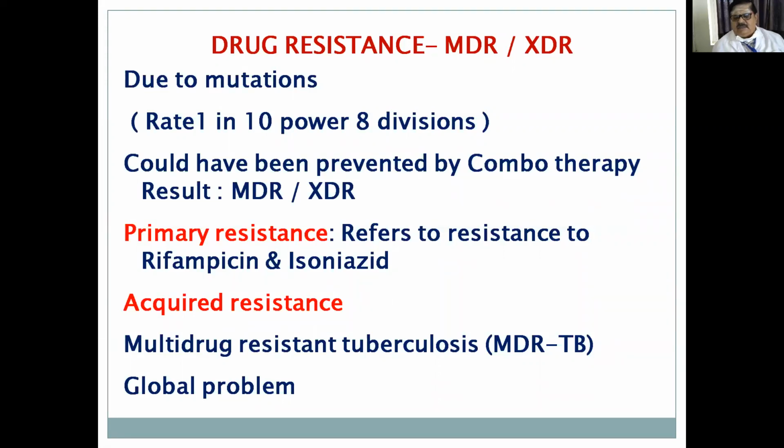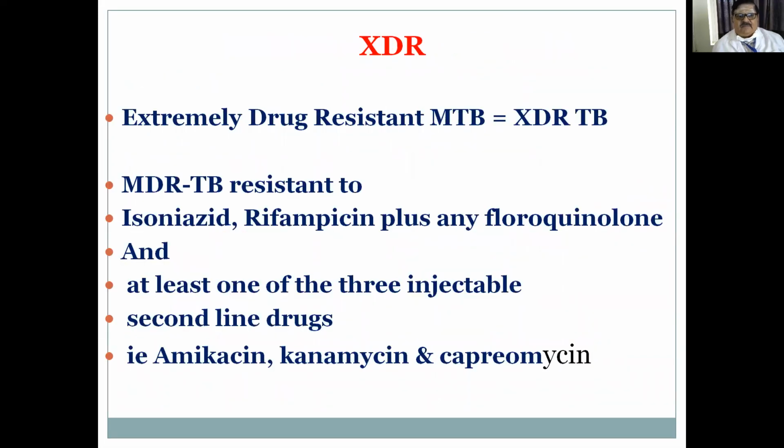Acquired is MDR or XDR. MDR is multiple drug resistance, loss of sensitivity to rifampicin and isoniazid. XDR means resistance to at least one of the 3 injectable second line drugs like amikacin, kanamycin, capreomycin. Then you call it XDR.